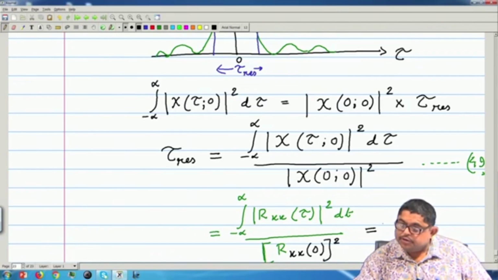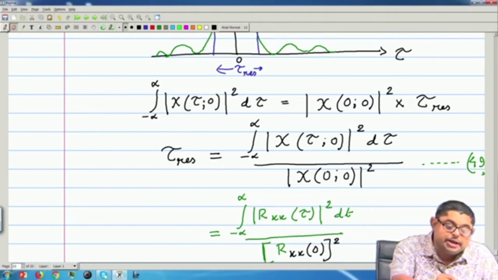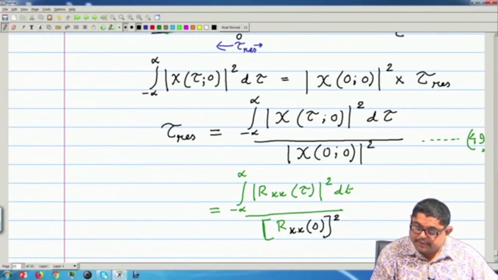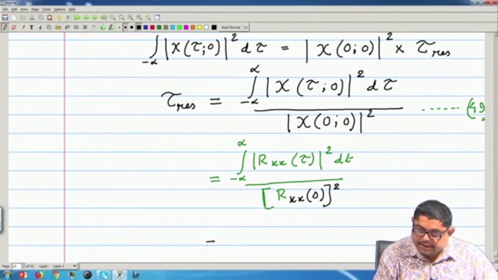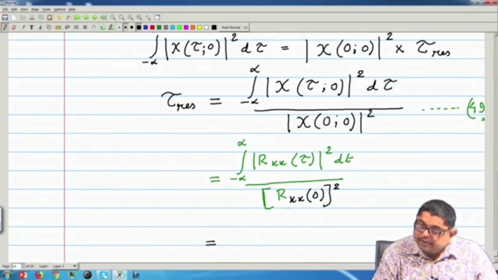And also, going one step further, I can also say that this I can write as R_x(0), the autocorrelation at 0, that is the energy of the signal. This is a well known thing.